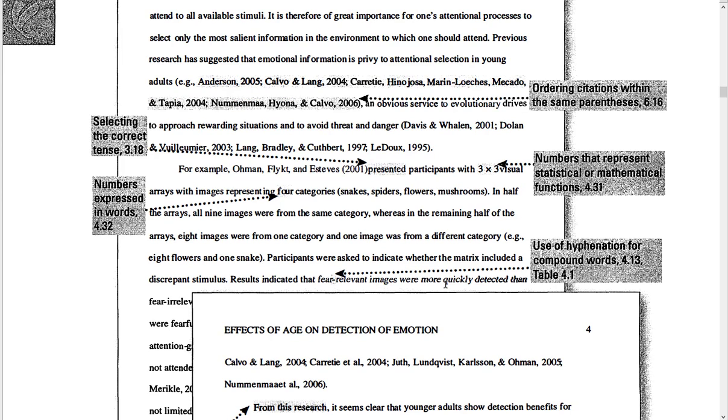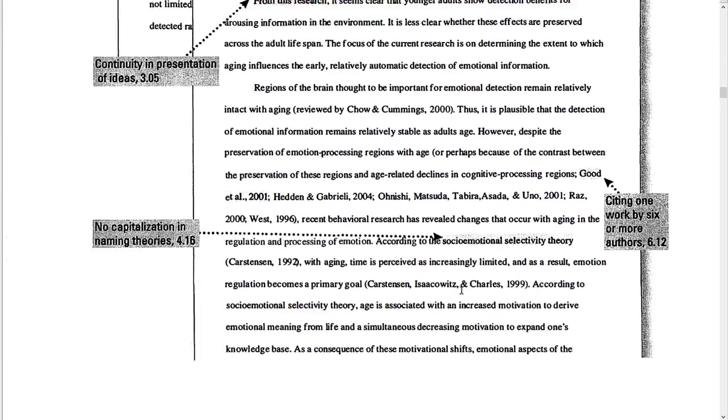Again, these are all some of those rules that you would find in chapters 3, writing clearly and concisely; chapter 4, the mechanics of style; chapter 5, displaying results; and chapter 6, crediting your sources. Those are the chapters that these are all pulling from.